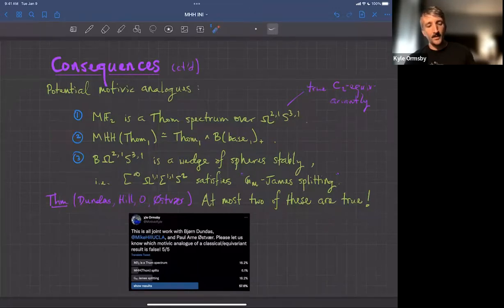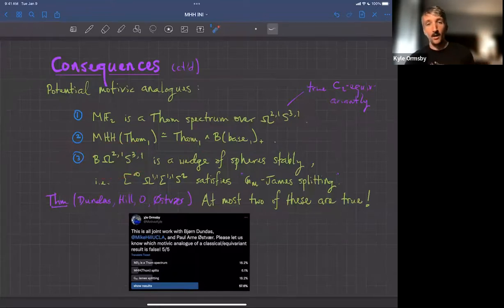So my guess is that either MF2 is not a Thom spectrum, or we do not have a motivic James splitting. So if 1 were true, and 2 were true, then we'd be computing MHH of MF2 as MF2 smash this object.